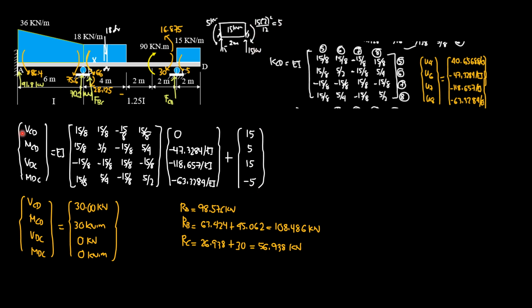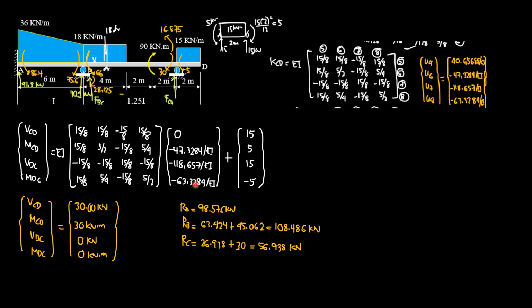So shear CD is 15 over 8 times 0, of course, so we just obtain 15 over 8 times negative 47.3284 plus negative 15 over 8 times negative 118.657 plus 15 over 8 times negative 63.3284 plus 15, that would be 30.